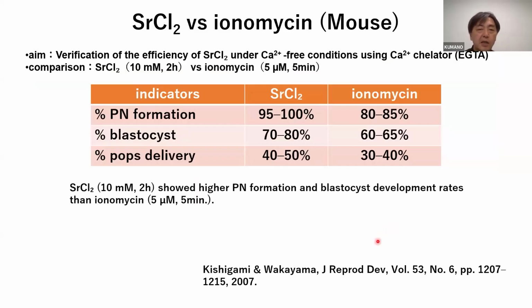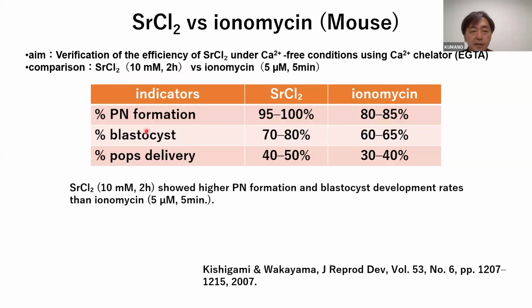Next, this is a report in mouse comparing strontium chloride and ionomycin. In the ionomycin group, the oocytes are treated with 5 micromolar ionomycin for 5 minutes. In the strontium group, the oocytes were treated with 10 micromolar strontium for 2 hours.